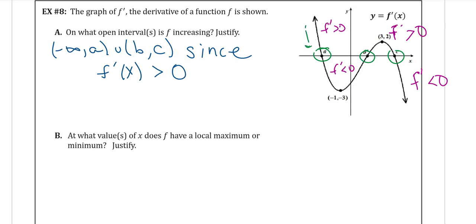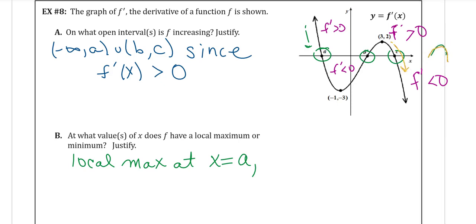So that would mean the graph of f would look like that, going from positive to negative. So we have 2 local maxes, at a, and this happens again at c, because the derivative is starting positive. It's going from positive to negative here, so it's going to be the same behavior.